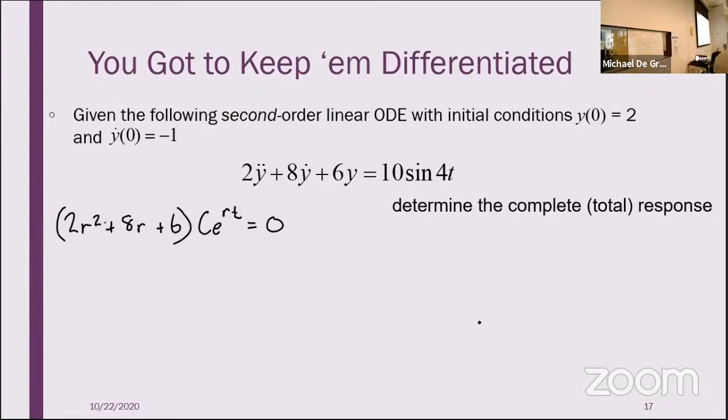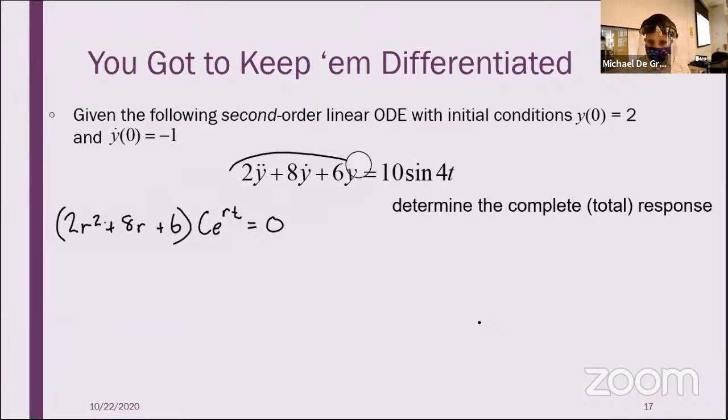Interesting how that happened. Will it always be like that? Yes. Your characteristic equation will always be here.